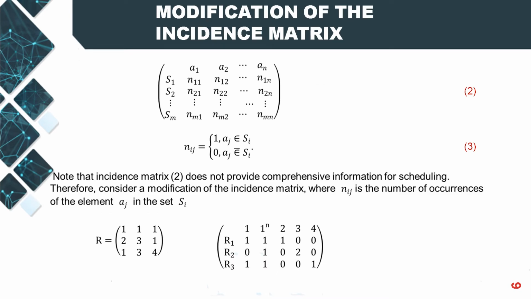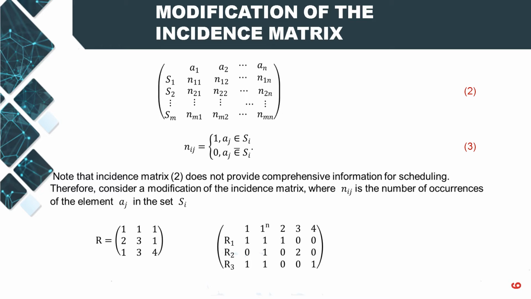On the slide, you can see the modification of the incidence matrix. In formula 2 and formula 3, we consider such a matrix from our previous publication, and note that incidence matrix 2 doesn't provide comprehensive information for scheduling.